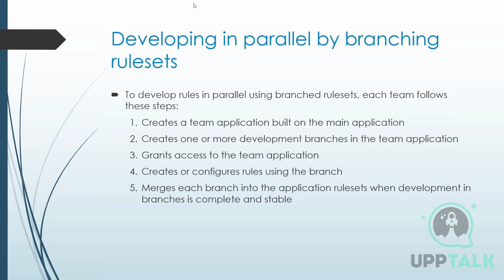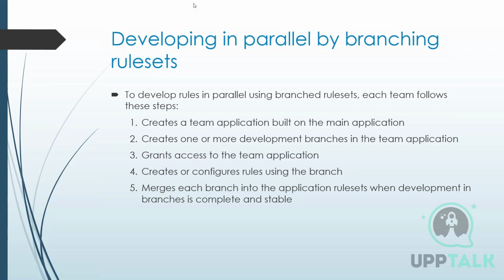Step 2. Create one or more development branches in the team application. Now you start creating branches on the team application. How many should you create? Depending upon the approach, you can create a separate branch for each of your developers. You can create a branch for each of the stories or each of the requirements. Likewise, you can create branches on the team application. Step 3.